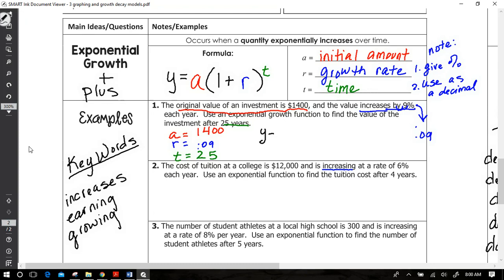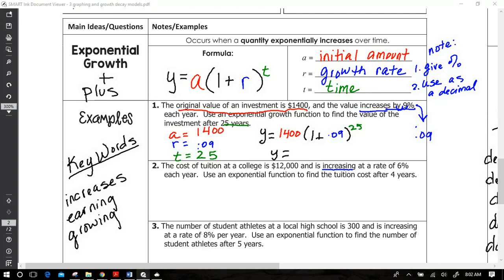So y equals A is 1,400 times 1 plus, because it's growth, my rate is 0.09, close the parentheses, and then the time is over 25 years. So now I have my equation.